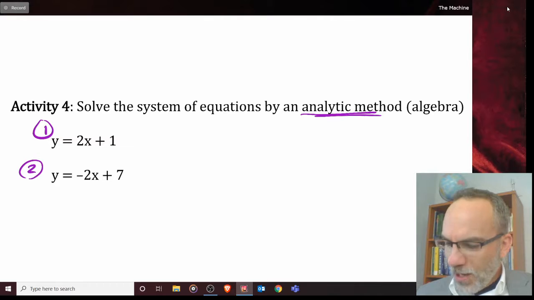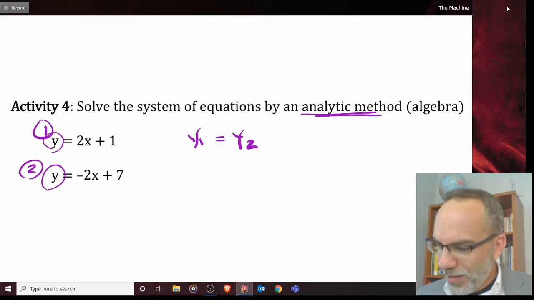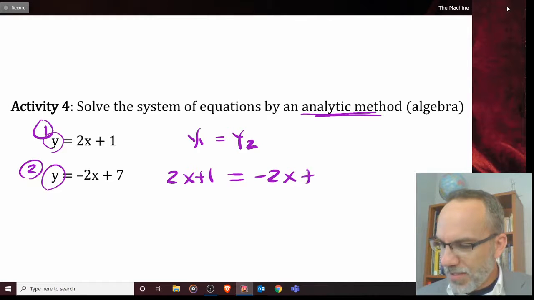So if the y that solves this one is the same as the y that solves that one, aren't these two y's equal to each other? Can't I say that y1 is equal to y2? Yeah. But what is y1? It's going to be 2x plus 1, and that must be equal to the other one, negative 2x plus 7.